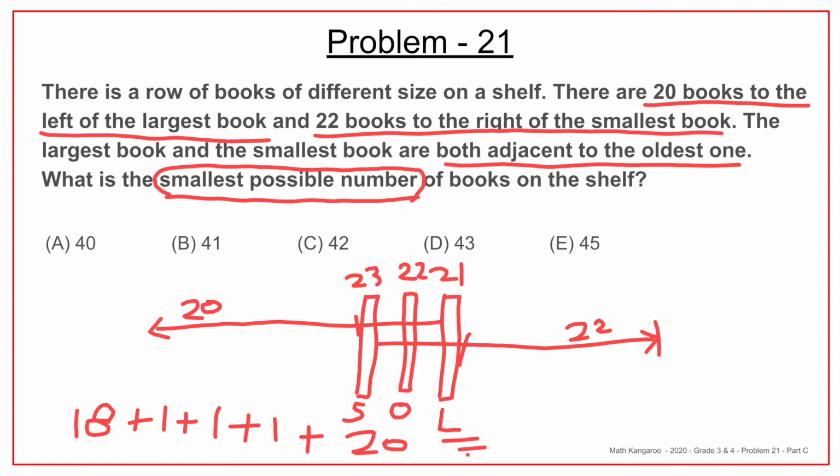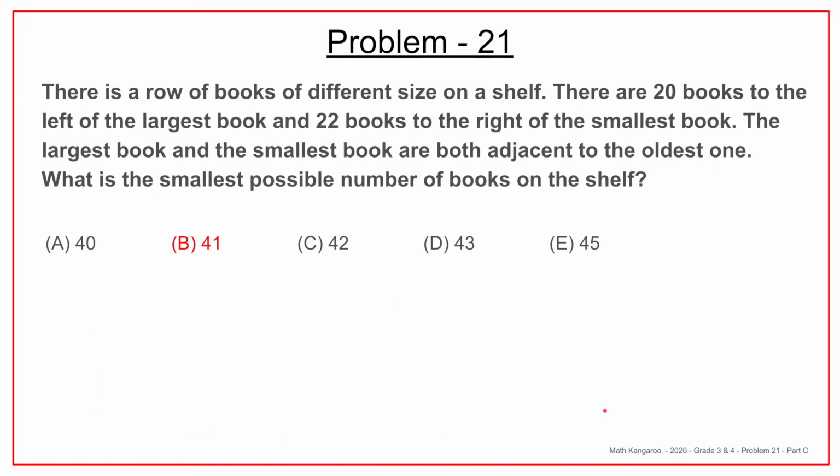So we add: 18 plus 1 is 19, 19 plus 1 is 20, 20 plus 20 is 40, and 1 gives us 41. So our answer is option B, 41.